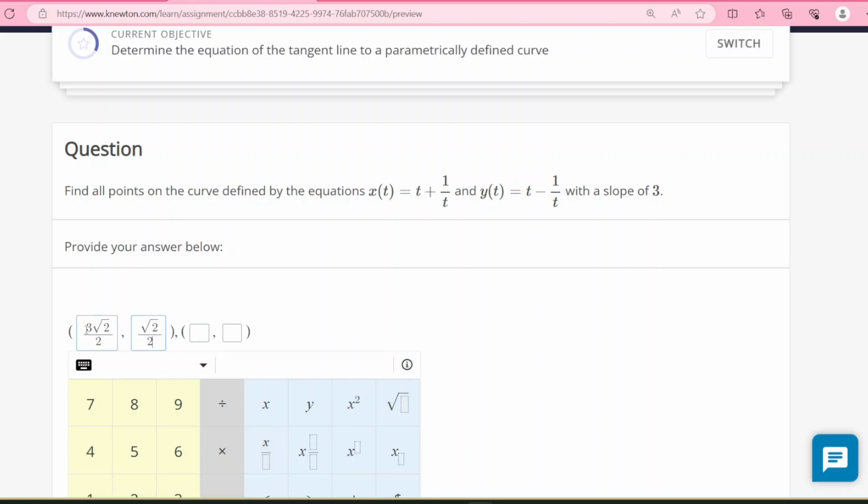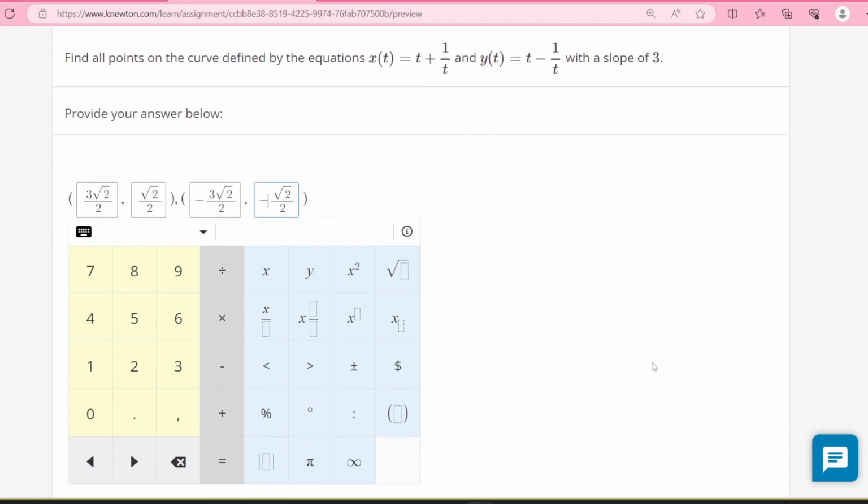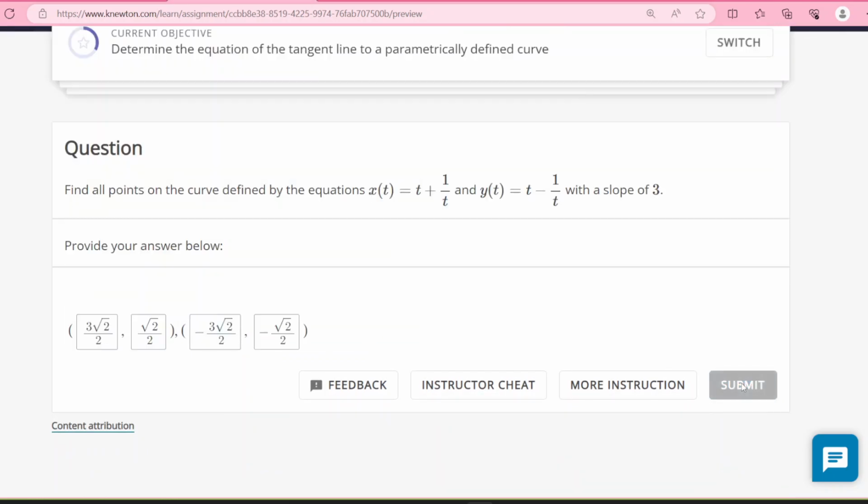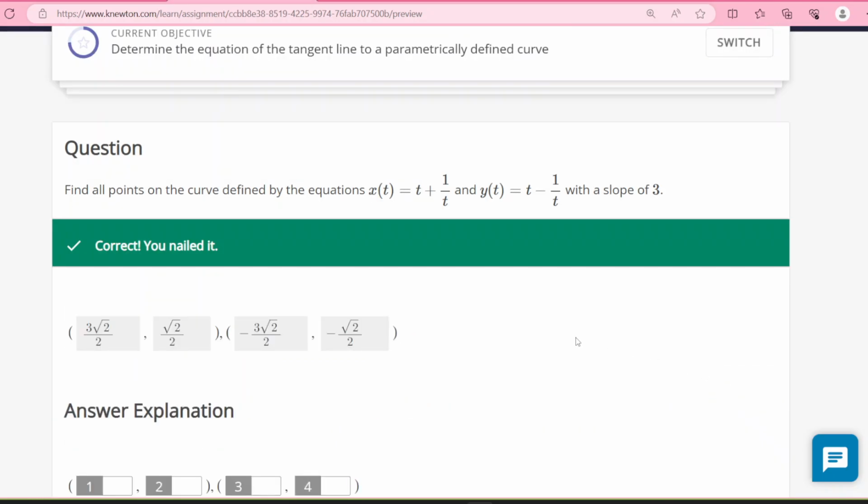And then just the opposites of these for the other one. So I'm just going to copy and paste them and put negatives in front of them. Those should be the points that have a slope of 3 on that curve, right, a tangent line with a slope of 3. Great.